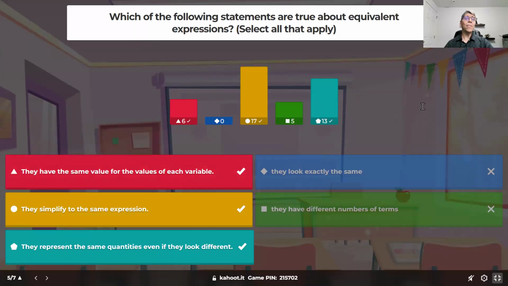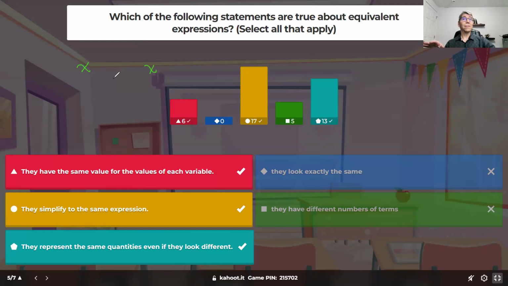Okay. So this one, the red one, is a little tricky, because it's saying they have the same value for the values of each variable. What I understand this to mean is that if you have an expression, wherever you see a variable x, then that variable is going to have the same value throughout the equation.